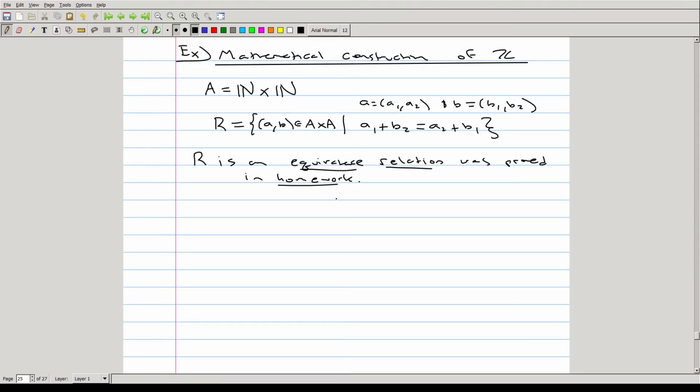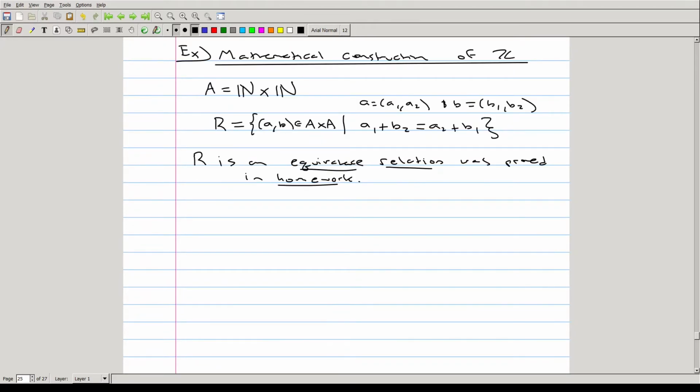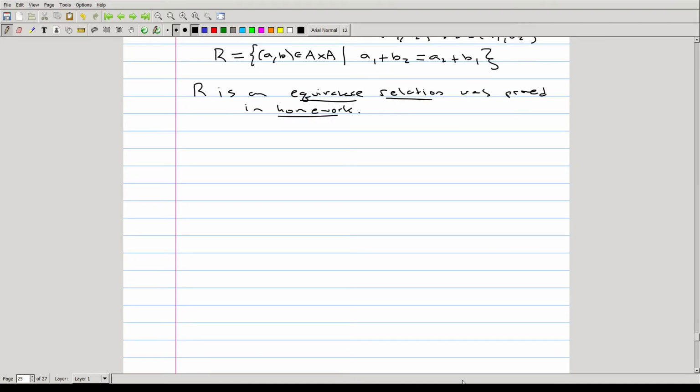And it's a relatively straightforward proof. What's really neat here is we can kind of visualize this as follows. And I'll open up a plot of this.